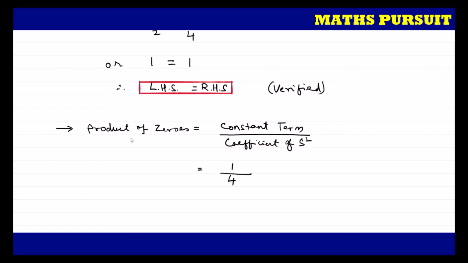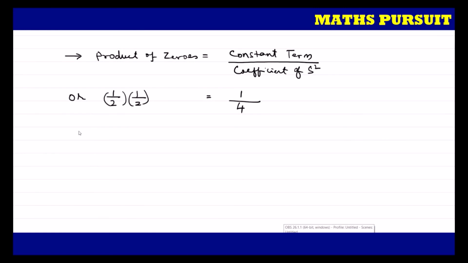Now coming to the product of zeros, it is nothing but 1 upon 2 into 1 upon 2, because we got the two values of s as 1 by 2 and 1 by 2. So I can write 1 by 4, or I can write 1 upon 4 is equal to 1 upon 4.